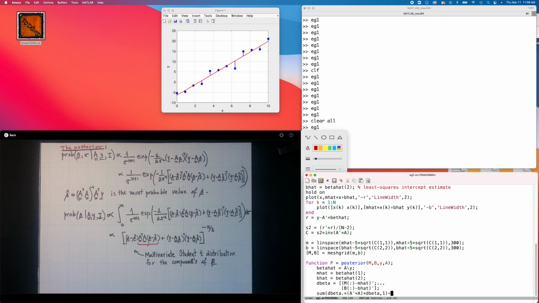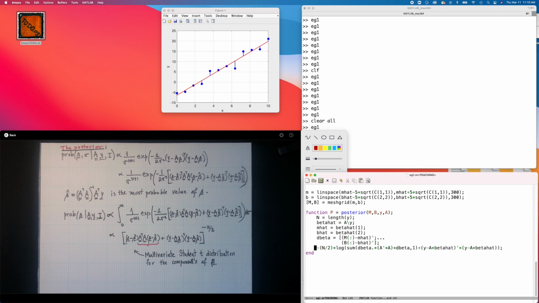This one is easier to compute. And if I take the log of this expression, I'll have minus n/2, and I need to compute what n is. This is looking good. This is the log probability. And then I subtract off the maximum to prevent underflows.